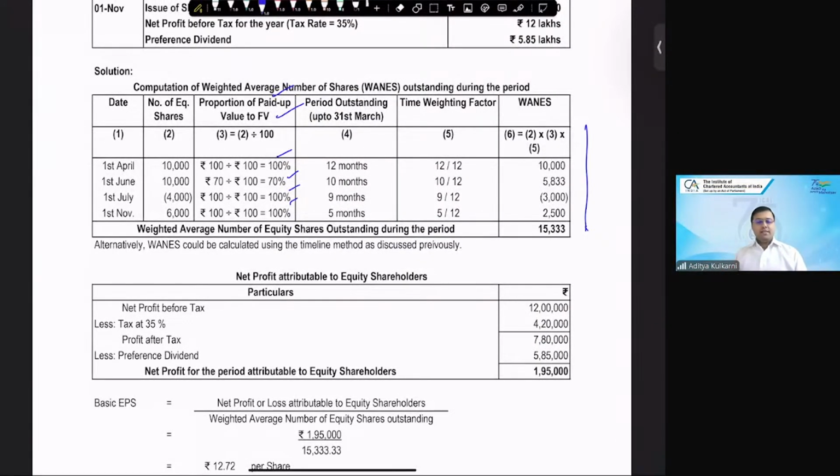So the only thing is you will multiply proportion into period outstanding, that is, number of shares into proportion into time weighting factor. That is the only thing you will consider to arrive at the weighted average number of shares. Alternatively, you could do the timeline method also as discussed previously. The choice is entirely yours.